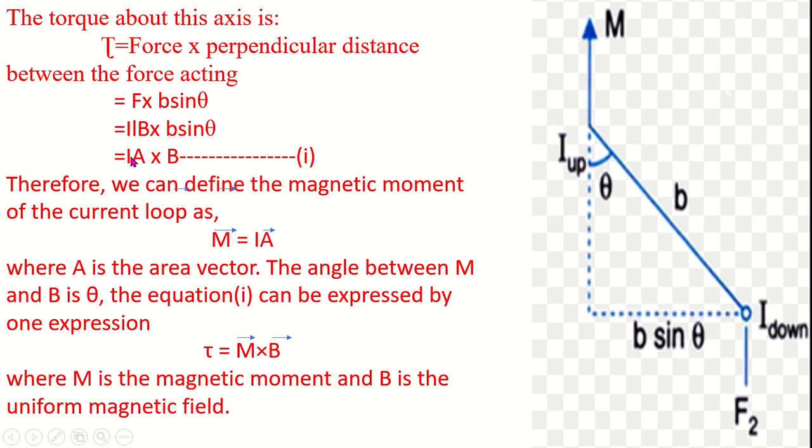So we can write I A cross B, where A is the area vector and B is the magnetic field intensity. Therefore, we can define the magnetic moment of the current loop as M equals I A. Here M is the magnetic moment.